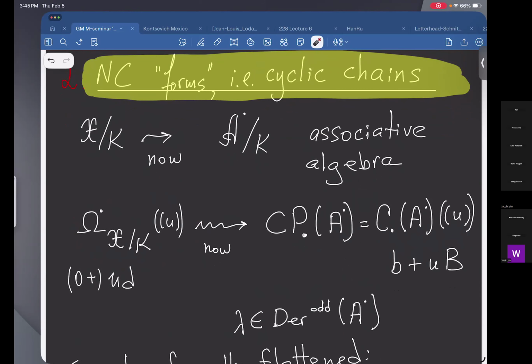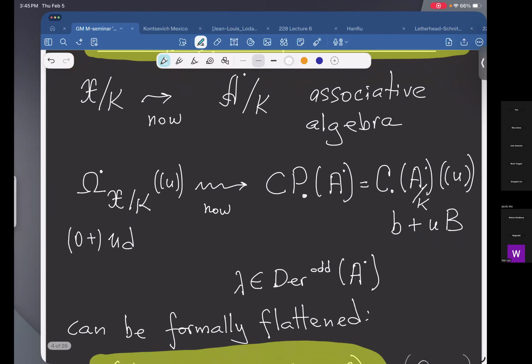And instead of this, you have the periodic cyclic complex. I will say more about it. It's over K, over the scalars. I will define them a little bit later on another slide.